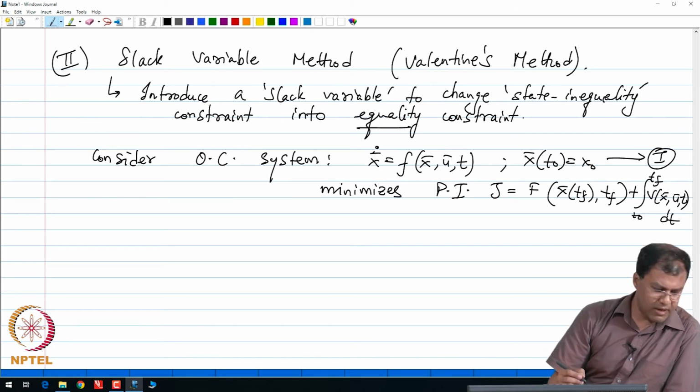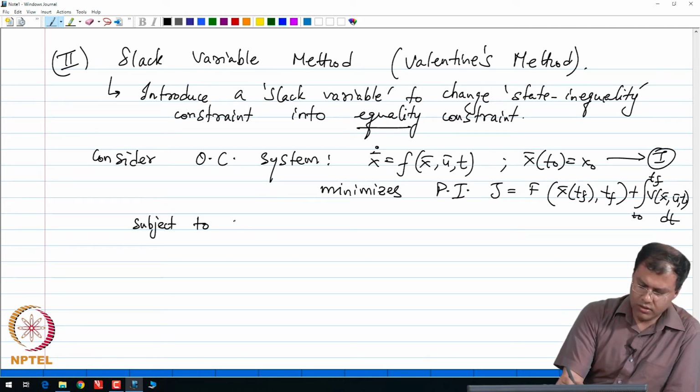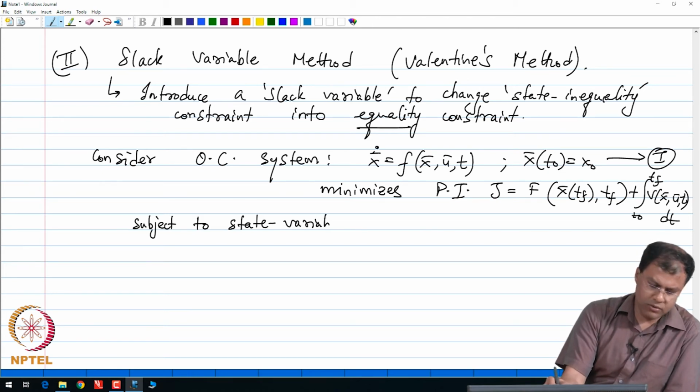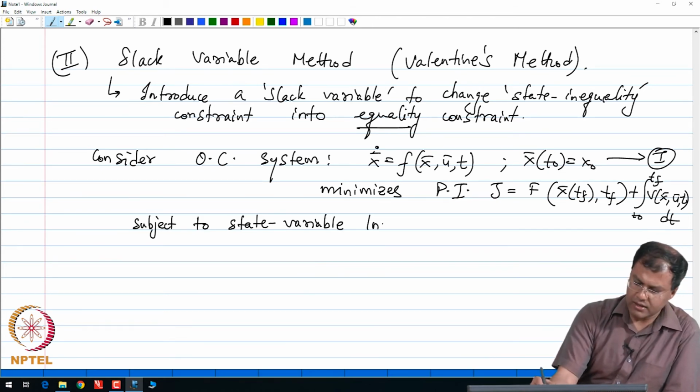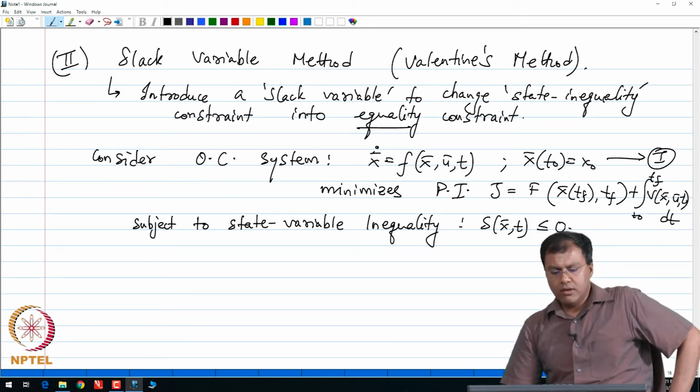So, this is minimizing the performance index subject to the state variable inequality given by S of x bar comma t is less than or equal to 0. So, that is subject to this inequality, right.